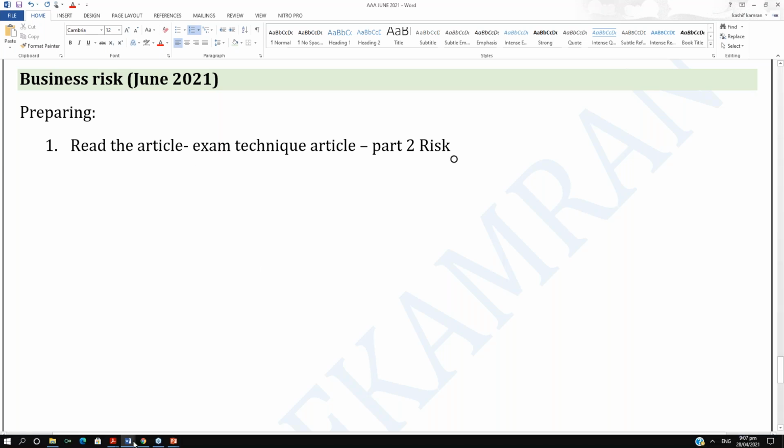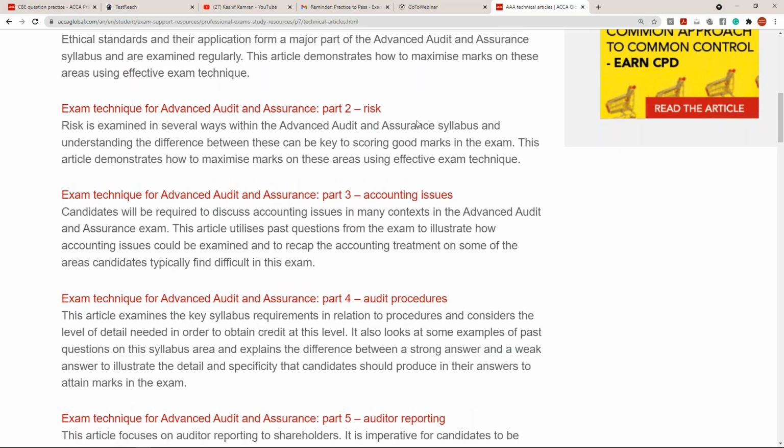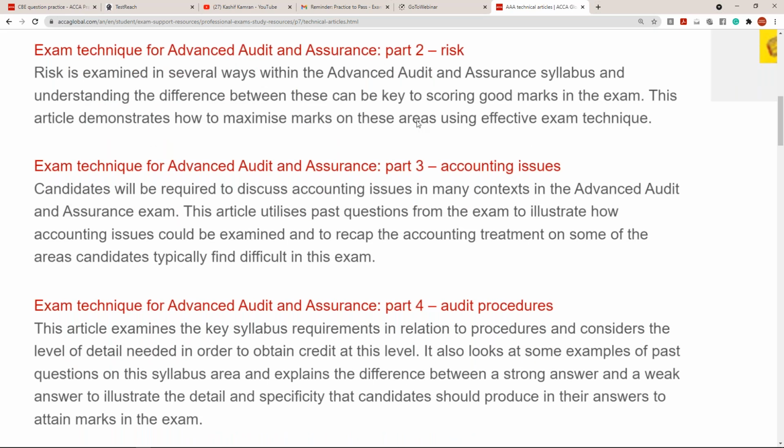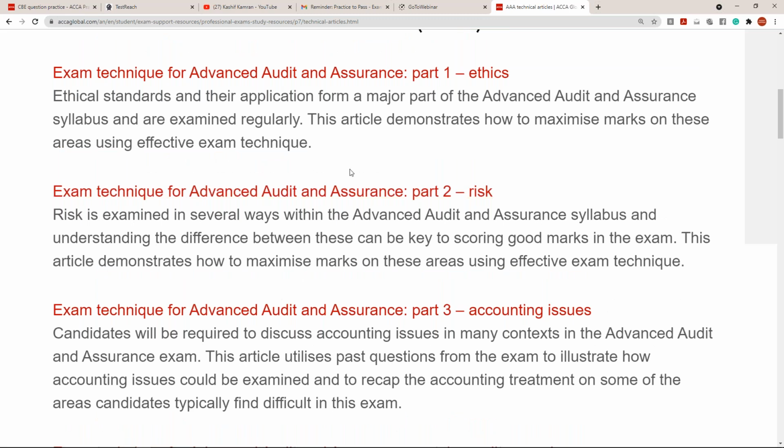Let me confirm, it's the part 2 risk, right? If I take you to the web articles, yes, it's part 2 risk. I hope you can see this article on the ACCA website. It's already in the resources I've shared with you. If you can see your resources, in the resources you have articles to read. Can you see this article, exam technique article part 2, on your screen? Can all of you confirm that?